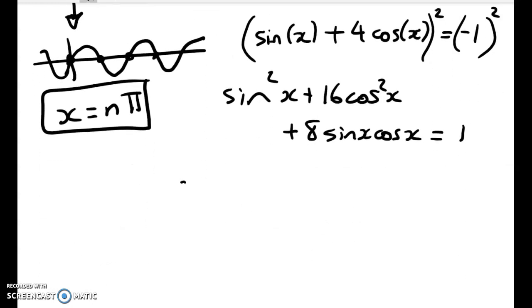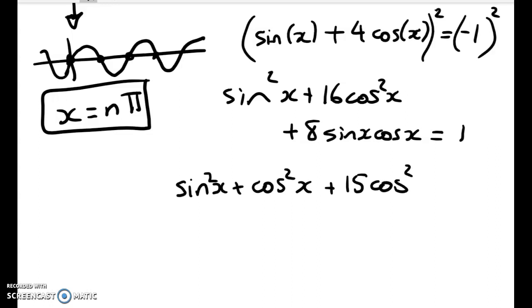That'll give me sine squared x plus cos squared x plus 15 more cos squared x plus 8 sine x cos x is equal to 1.